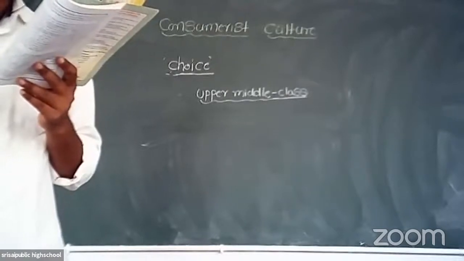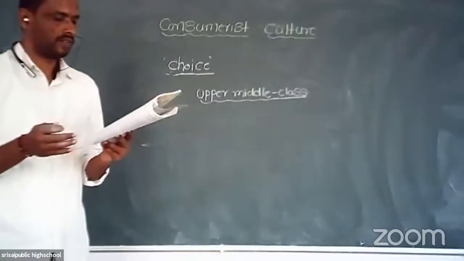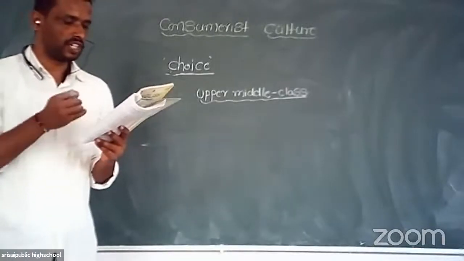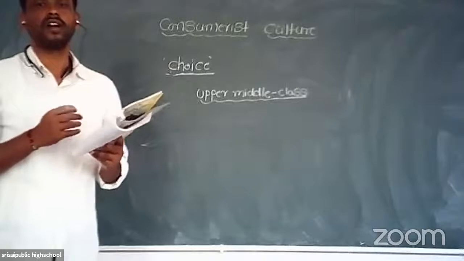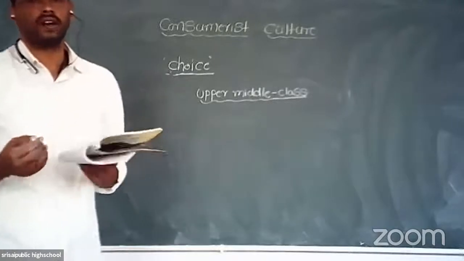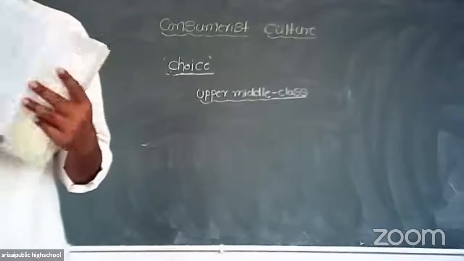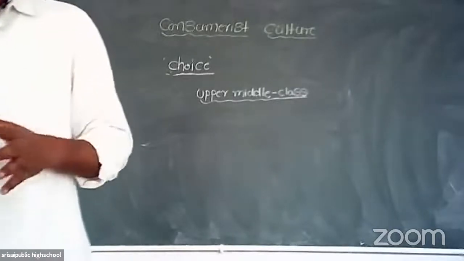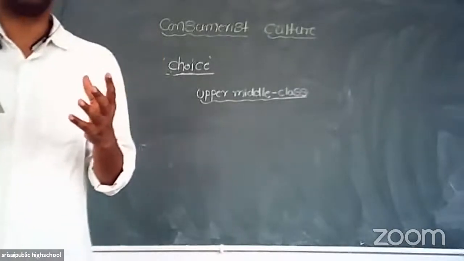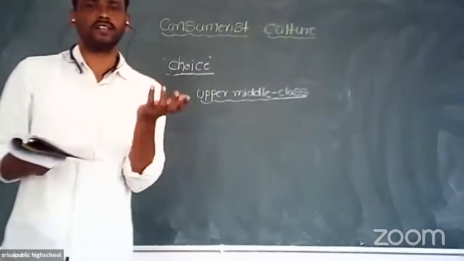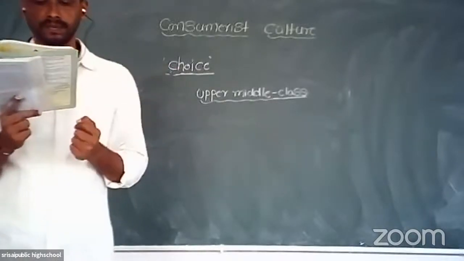The middle class, upper middle class Indians have adopted the changes of life, our life like the Western one. Now slightly upper middle class families are changing their lifestyle to a Western one.